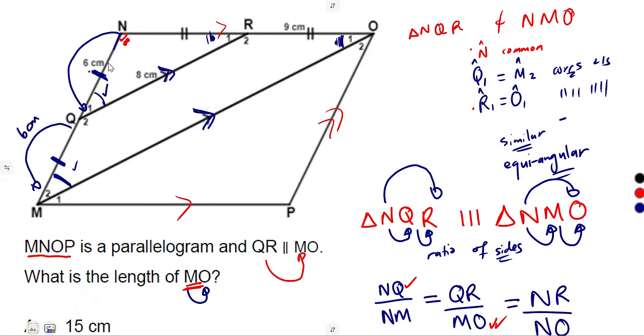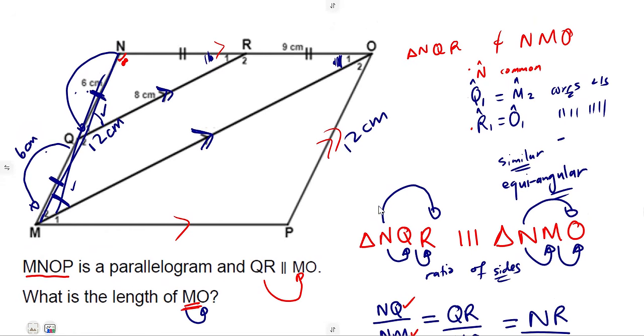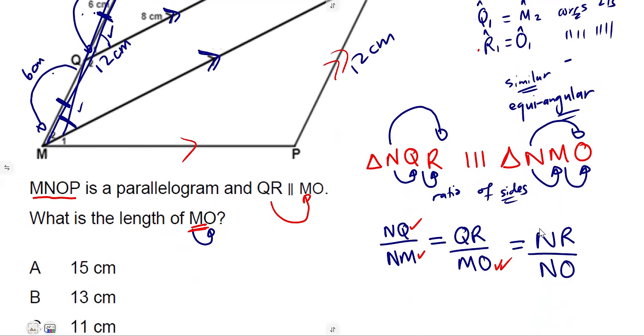So at the end, NM, the whole of that line, we simply add 6 plus 6, which is 12 centimeters. So it is the same 12 centimeters this side. So we have the length of NM, it is there. What about QR, as it is part of our ratio? Do we have it? From Q to R, all right, this is Q here to R, it is there. So guys, this is complete. QR is there.